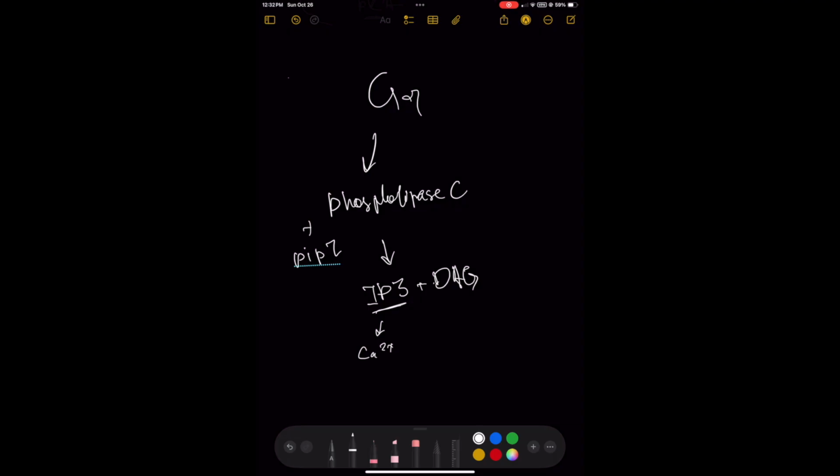What Ca2+ does is carry out a lot of different functions within the cell, such as muscle contractions or secretion of saliva, for example. So Gq specifically releases this. This pathway also produces PKC, which is a different type of protein kinase. This is protein kinase C, which is distinct. This pathway is also essential within the cell.